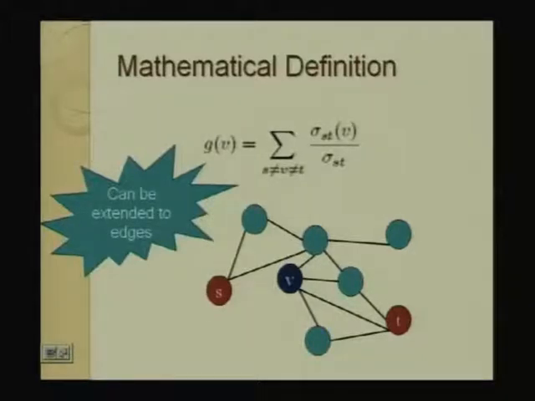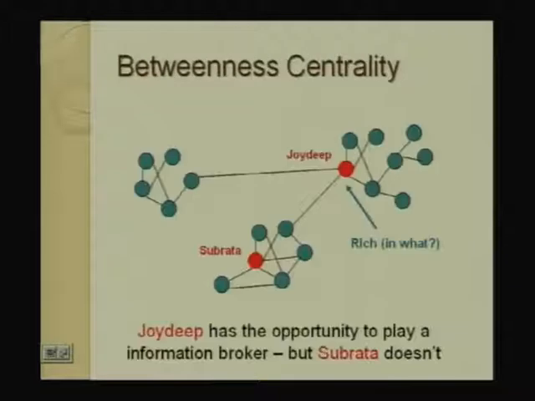So you might not remove a person from the network. So again, coming to the previous example, suppose you want to disrupt these communities. If you want to disrupt the communication between this community, one way to do it is throw away Joydeep, say kill him or do whatever you want, but let him not be a part of this network.